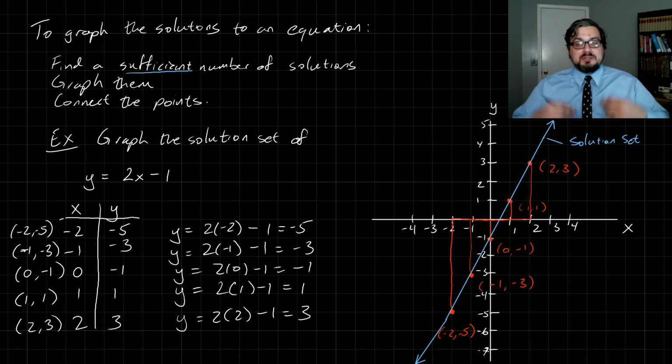That's part of what saying it's a solution set means. Also, it means that every solution to the equation corresponds to a point that lies on this line. So in other words, the points that correspond to solutions of this equation are all of the points on this blue line and nothing else.